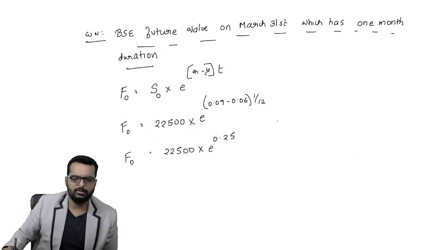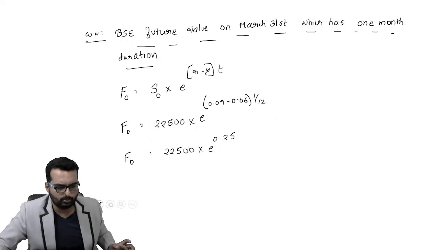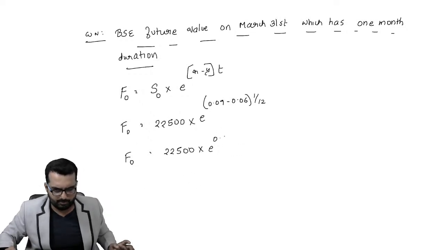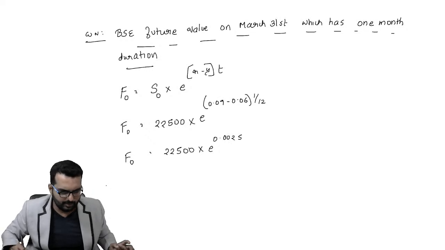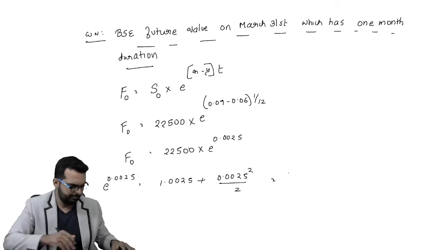I think it will be 0.025, right? 0.03 divided by 12, 0.0025. So e raised to 0.0025 will be 1.0025 plus 0.0025 square divided by 2.